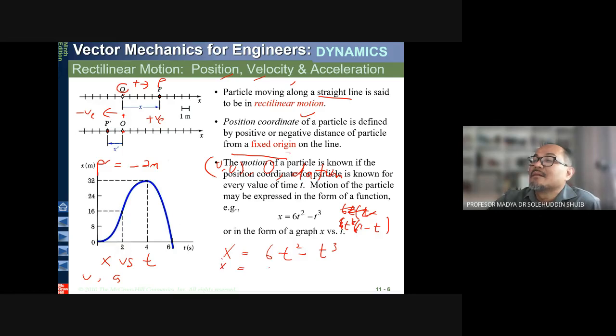Okay, 12t minus 3t square, and then for acceleration you get 12 minus 6t. Okay, so this is for acceleration.